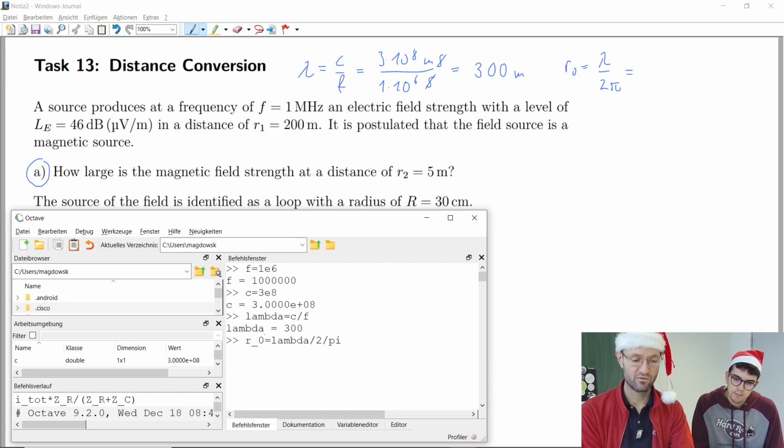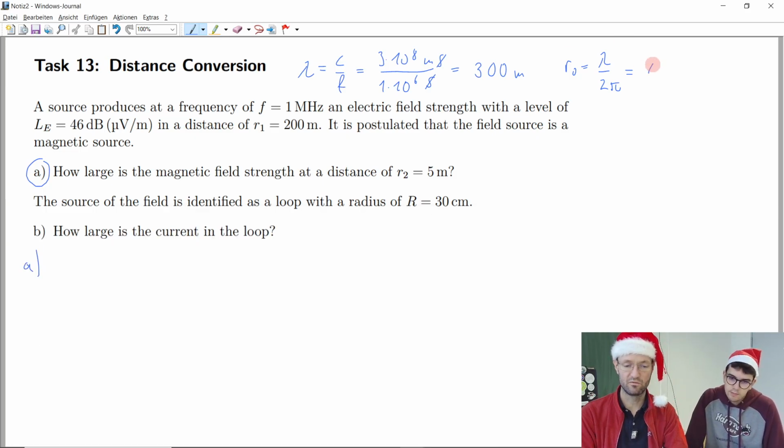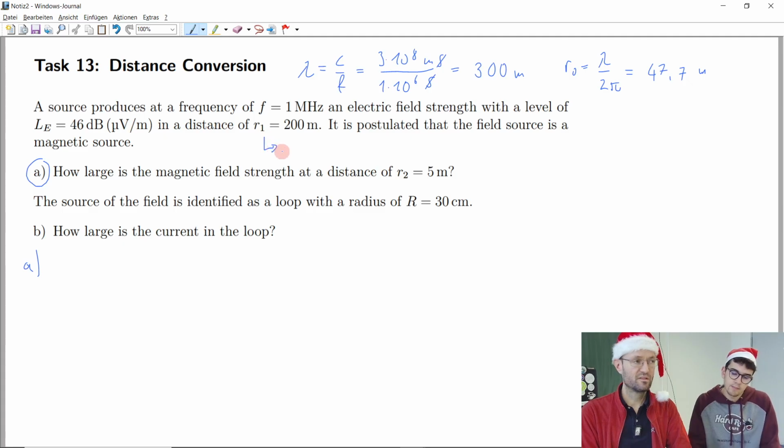And I should also have the formula to calculate R0, and it's, as said, slightly smaller than 50. So 47.7 meter. So this distance then is in the far field, but this distance here is in the near field.